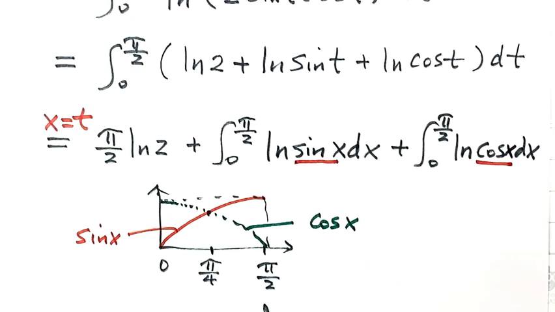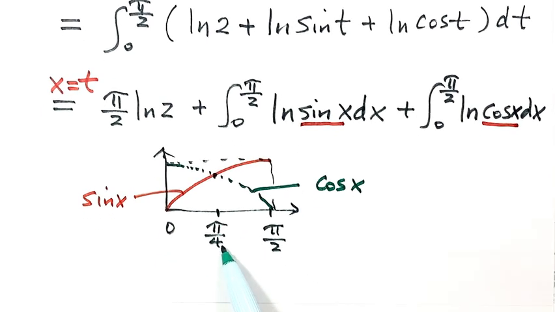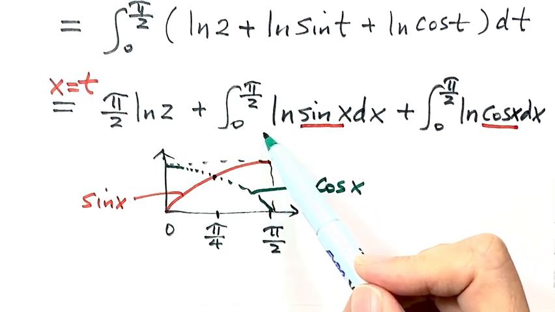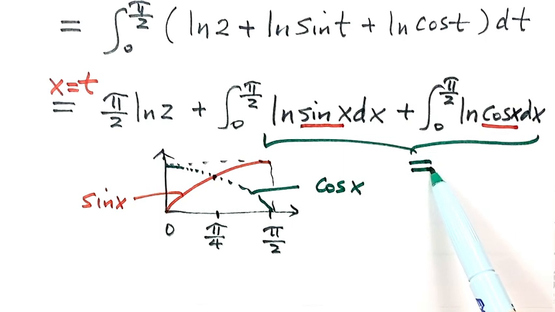You see that in the interval from 0 to half pi, they are symmetric about pi over 4. That means the area under the sine curve equals the area under the cosine curve, again because they are symmetric about pi over 4. So these 2 integrals are equal.